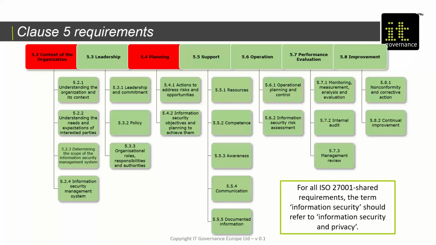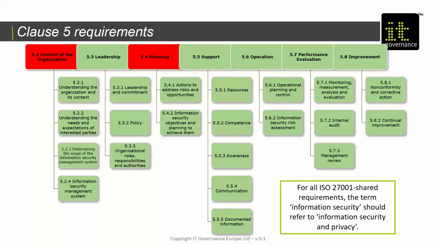Another example would be when determining the needs and expectations of interested parties. The organisation must include those parties that have interests or responsibilities associated with the processing of PI. A further example of a new requirement, this time under clause 5.4 planning, is that the statement of applicability must either be updated to include the PIMS controls from Annex A and Annex B of the PIMS standard, or that a second statement of applicability must be produced containing the PIMS controls from Annex A and Annex B of the PIMS standard.